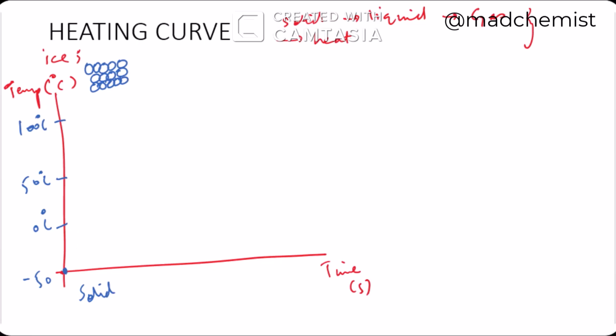As the temperature is increased from minus 50 Celsius to 0 Celsius, at this temperature, these particles will have some movement, some changes, not very clear, but they start showing some changes. If the temperature persists at 0 Celsius for some time, they will start converting into liquid slowly, not completely, but slowly.